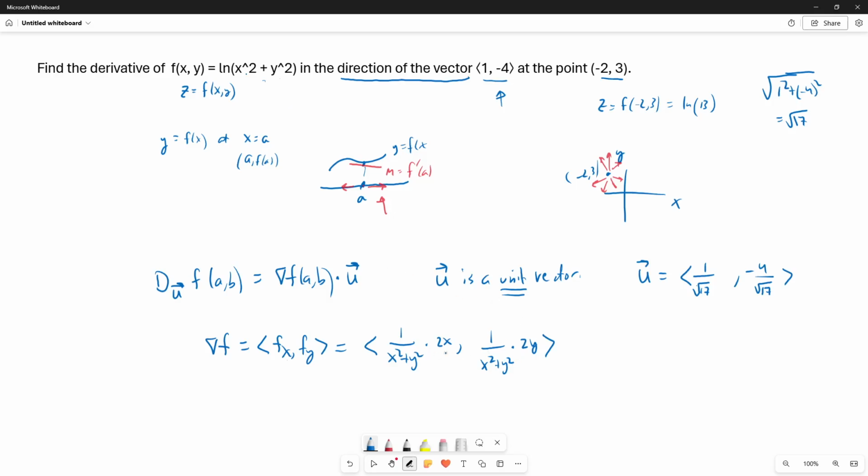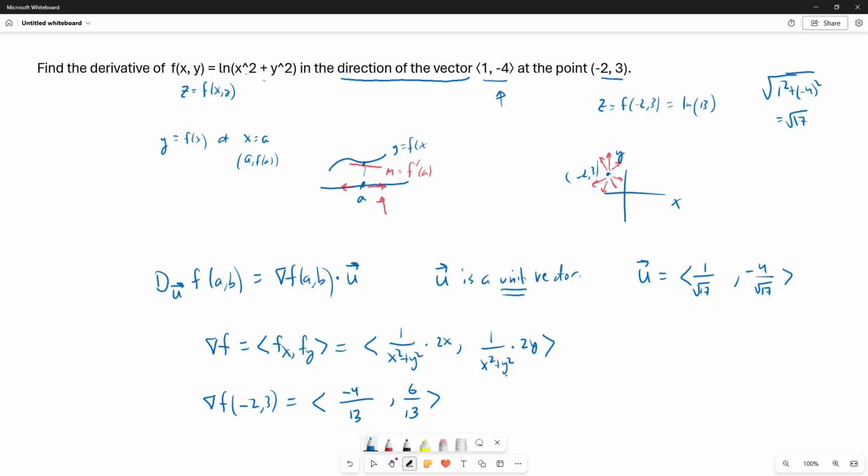So there's our gradient. Now the gradient at the point (-2, 3) is the vector: 2 times -2 is -4, over (-2)² is 4, 3² is 9, that's 13. So 13, and here we have 2y is 6, over 13. So this is our gradient, and there's our unit vector.